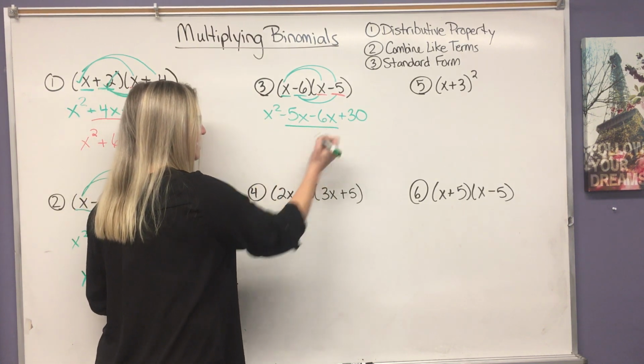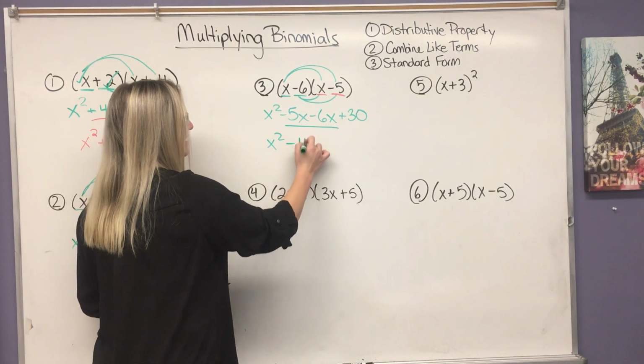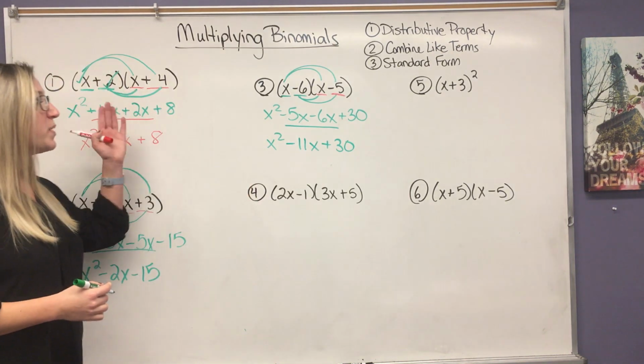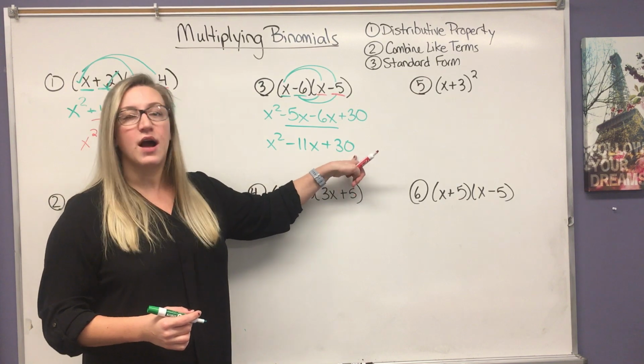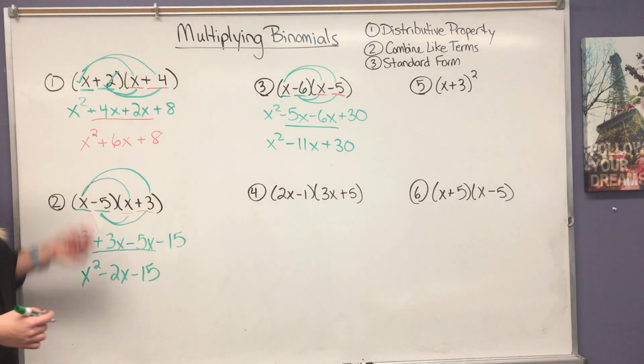Then we need to combine like terms. x squared, negative 5x and negative 6x make negative 11x, and add 30. So we are in standard form. We have an x squared, then an x, and then our constant, which has no variable. And the same with the others.